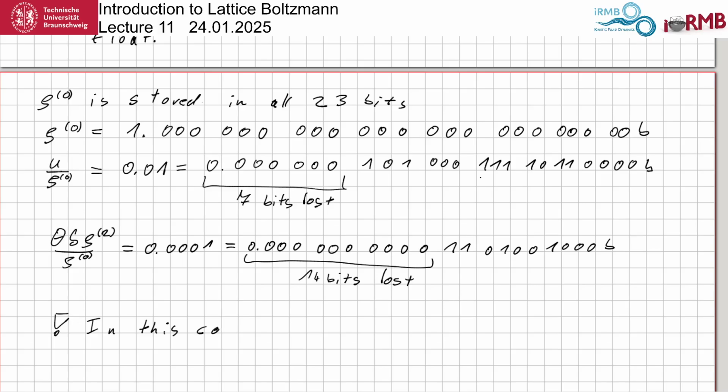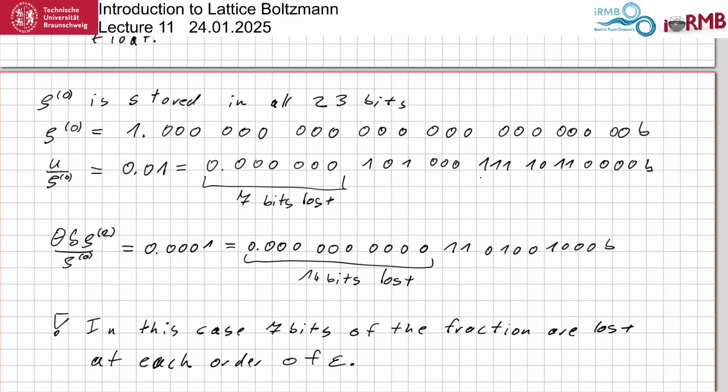In this case, 7 bits of the fraction are lost at each order of epsilon. So you can imagine you add 7 more, then you are left with 3 bits, only 3 bits for the next ghost moment.